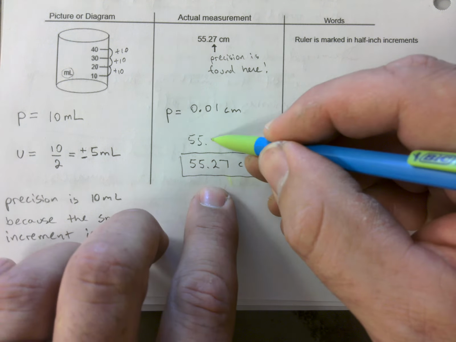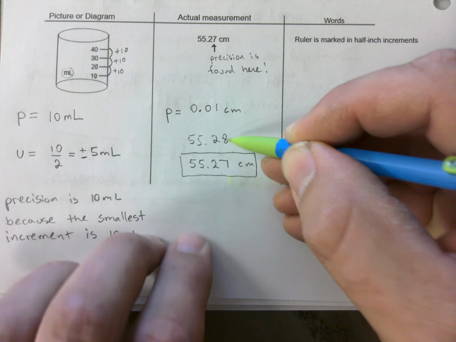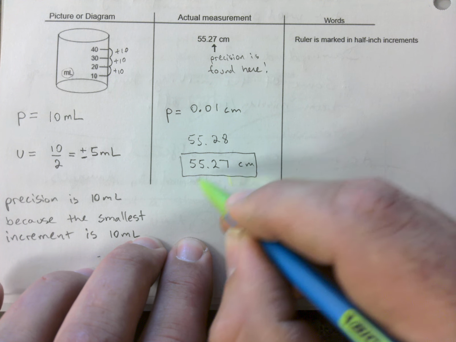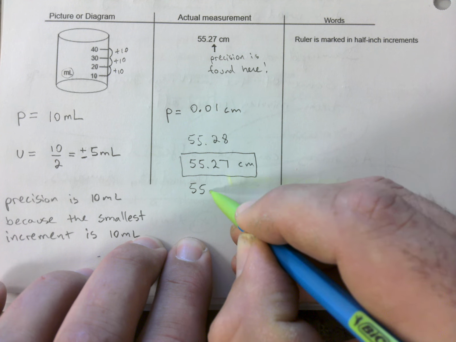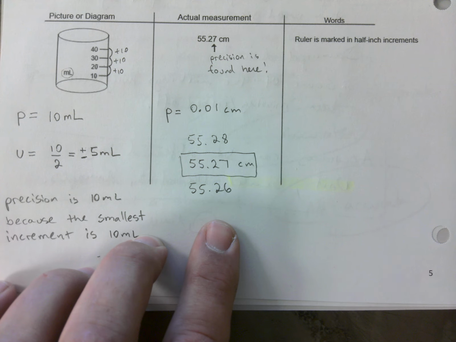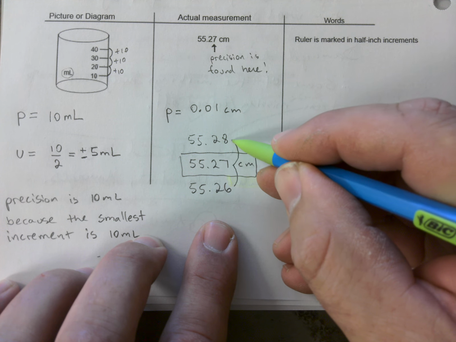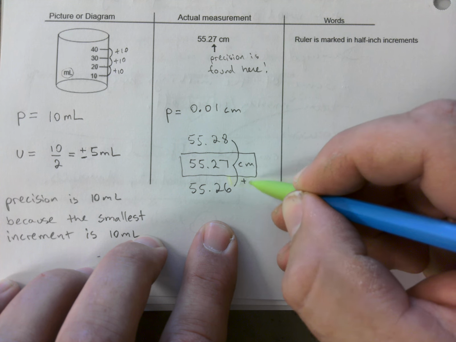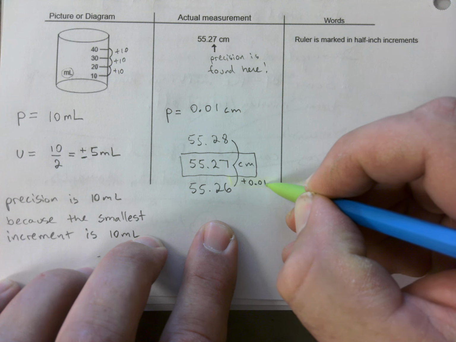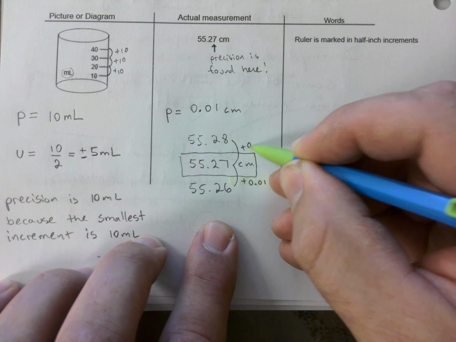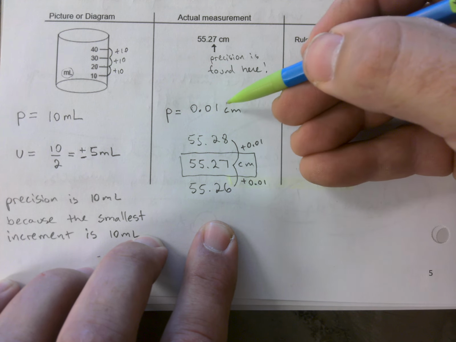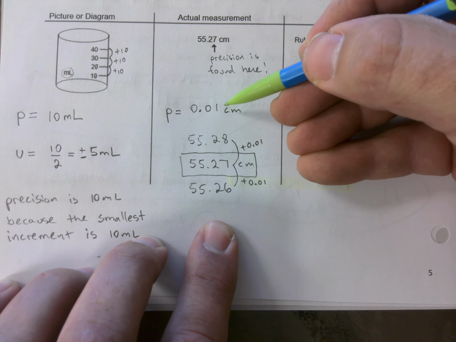Yeah. 7 to 8. If this had been a little shorter, yes. Do you know how much you're going to go up by every time? Plus 0.01. Plus 0.01. And therein lies our precision of 0.01.